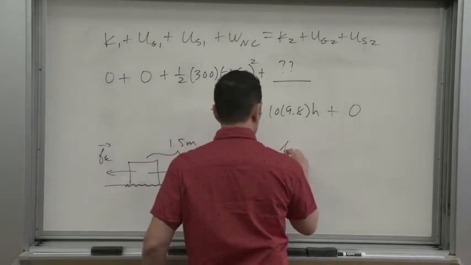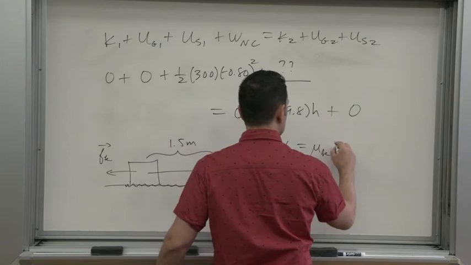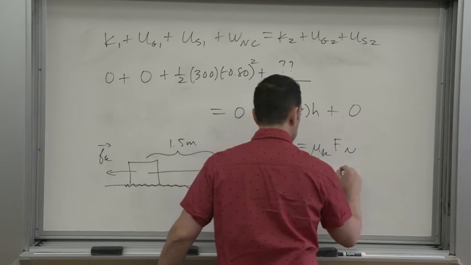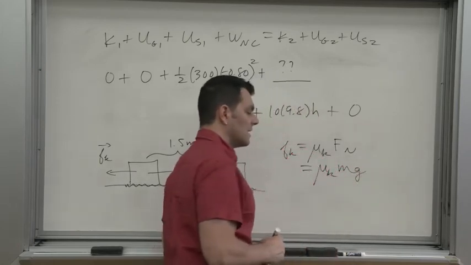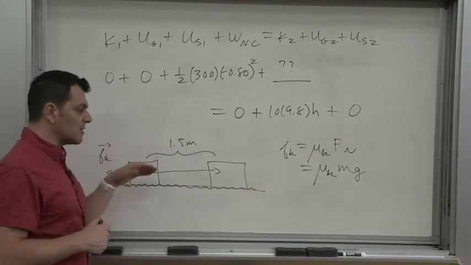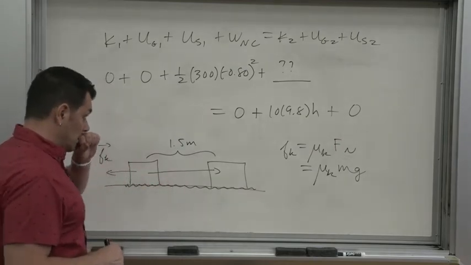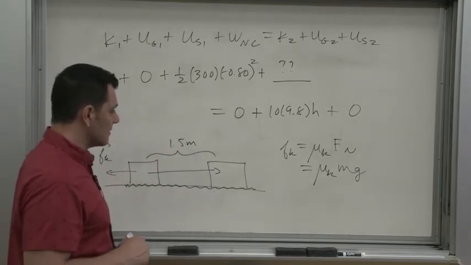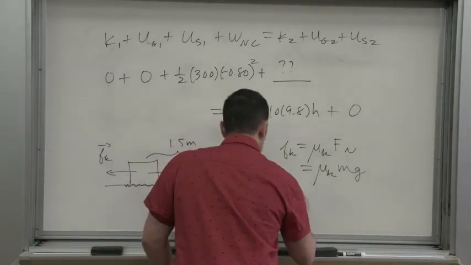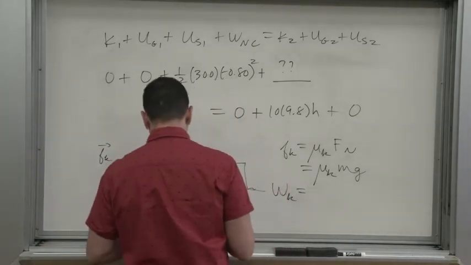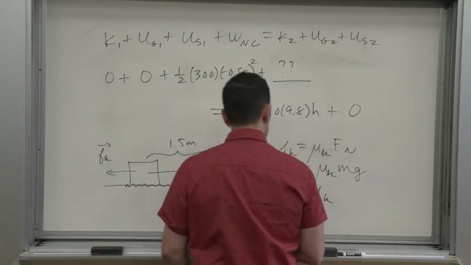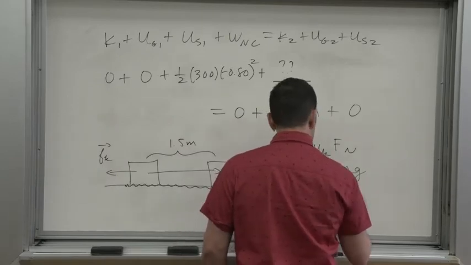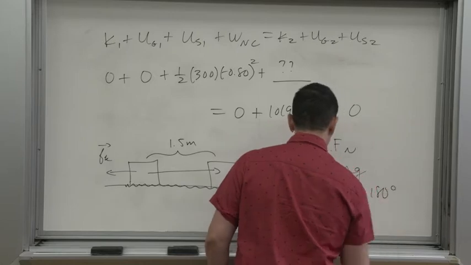The force of kinetic friction is equal to mu kinetic times the normal force, which is mu kinetic times m times g. Again, it's horizontal movement, so the upward normal force cancels with the downward force of gravity. The work done by kinetic friction is the force of kinetic friction times the displacement d times the cosine of 180 degrees.